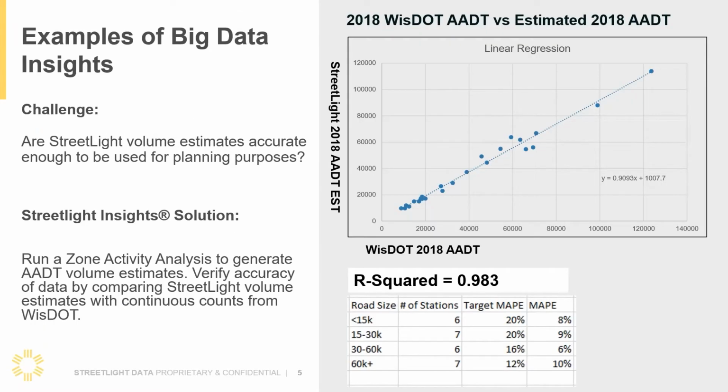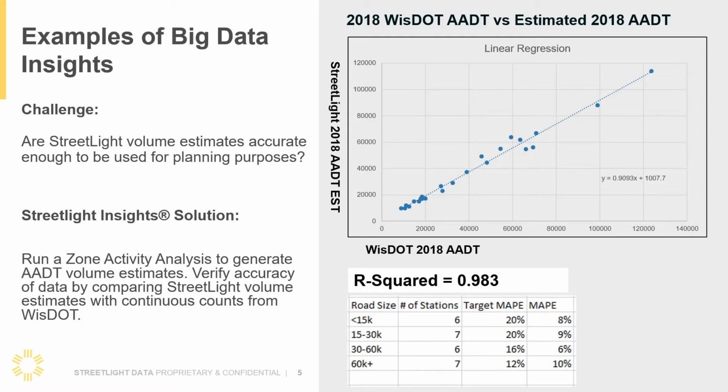So this is a regression analysis that I ran, and along the x-axis are WisDOT traffic counts, annual average daily traffic counts from 2018, and along the y-axis are StreetLight volume estimates from 2018. And the results show that the StreetLight data is very reliable.